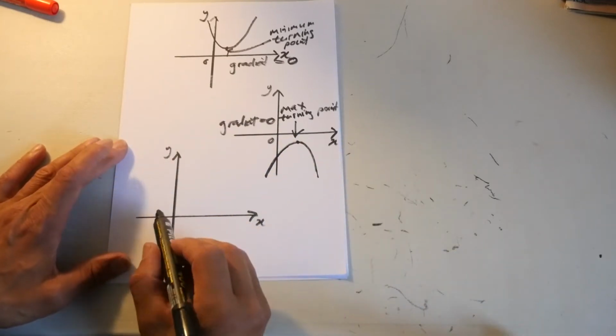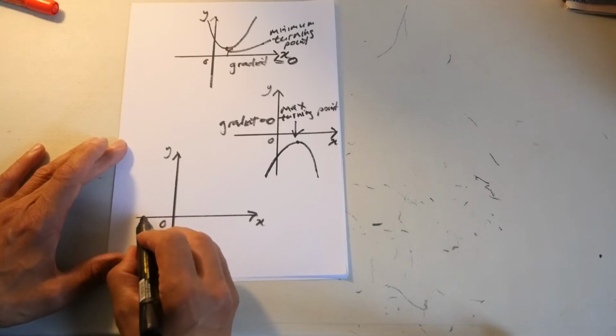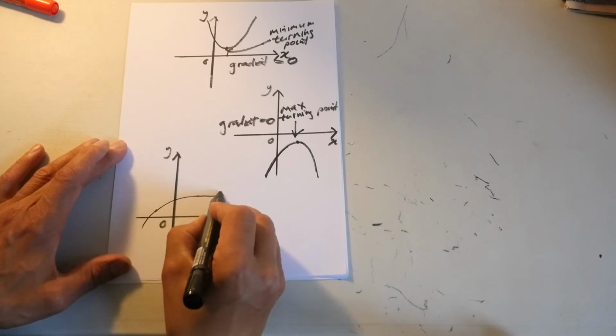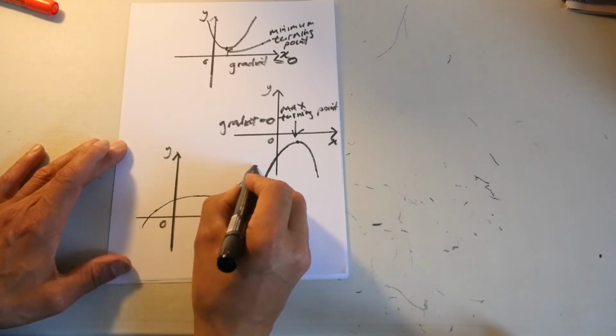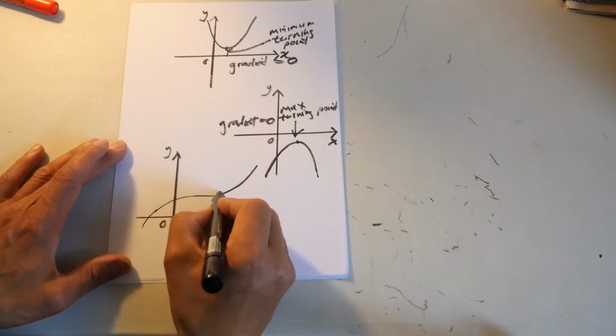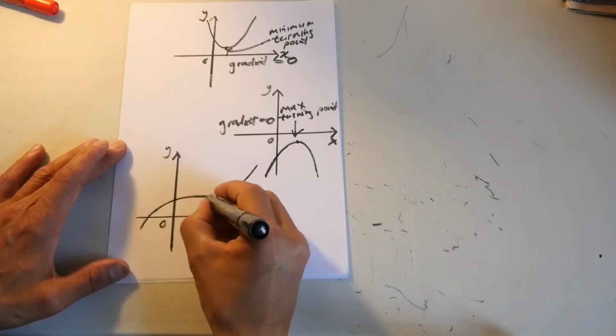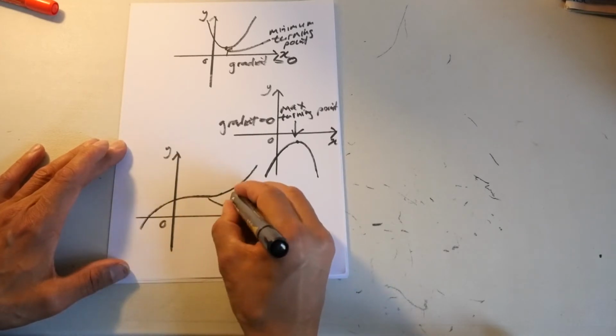And then you got the third type where you got, okay. This is called the point of inflection, the inflection point.